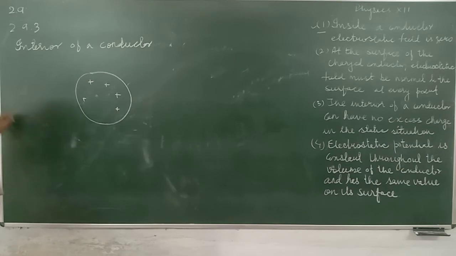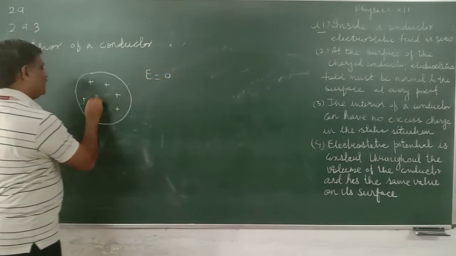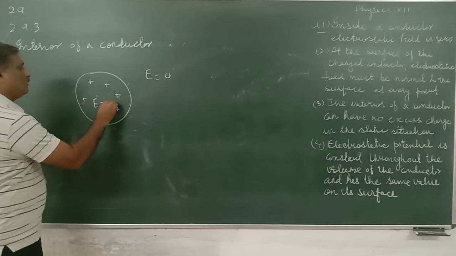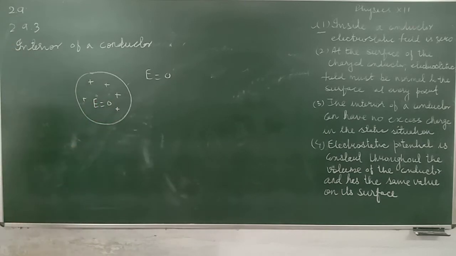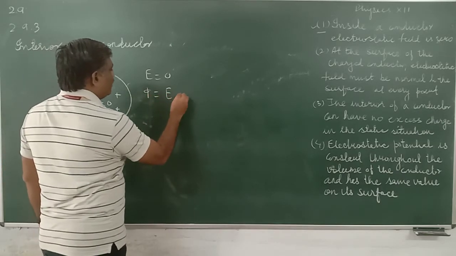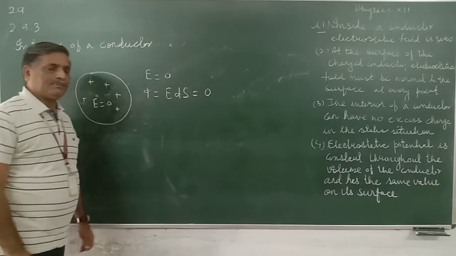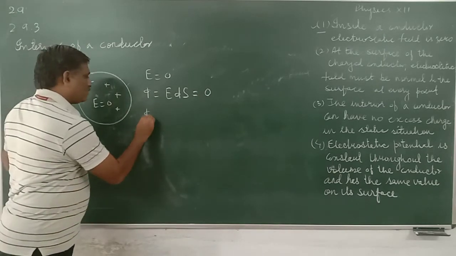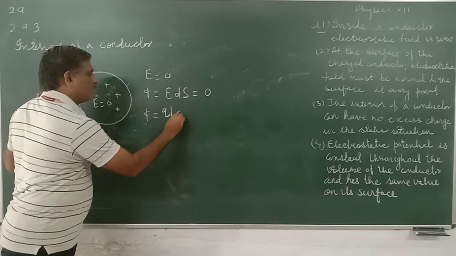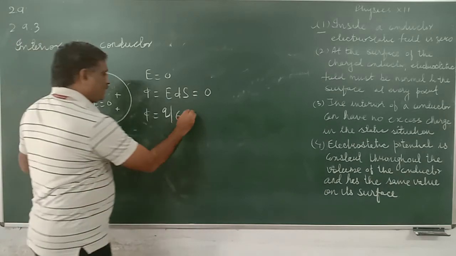First result, we know that E is equal to 0 inside. E is equal to 0, so flux, the integral of E dot dS, is equal to 0. According to Gauss's law, flux is equal to Q divided by epsilon, which is equal to 0.